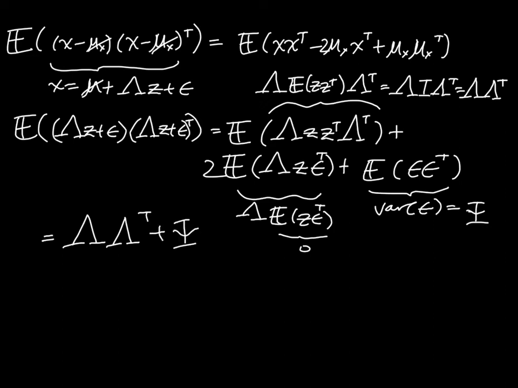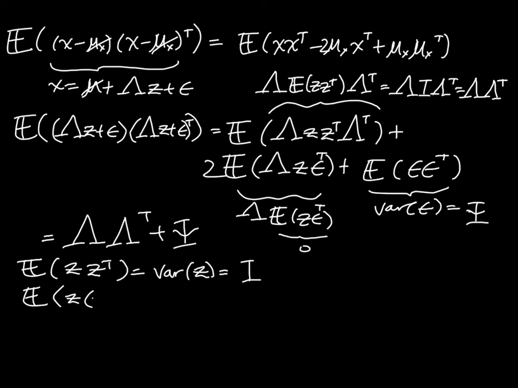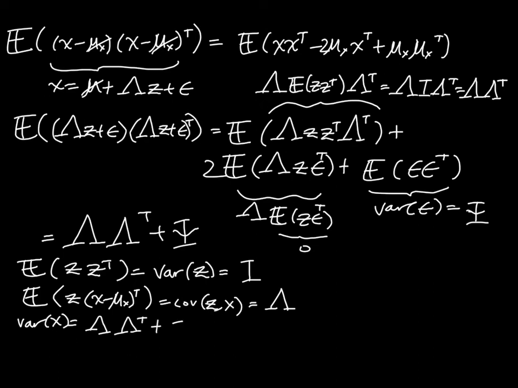Just to recap, the expected value of z z transpose, which is the variance of z, is equal to I. Now the z (x minus mu x) transpose thing is the covariance of z and x, which is equal to lambda. And then finally the variance of x is equal to lambda lambda transpose plus psi.